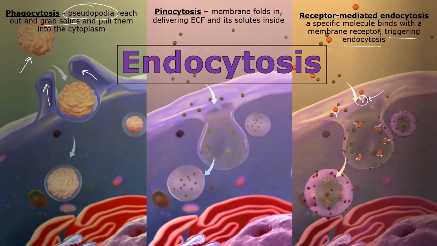So 3 types of bringing in materials into a cell: phago, eating something solid, phagocytosis; pino, drinking, pinocytosis; and receptor-mediated endocytosis, which requires some sort of specific binding to trigger the endocytosis. By the way, on standardized tests, this is the most common form of endocytosis.